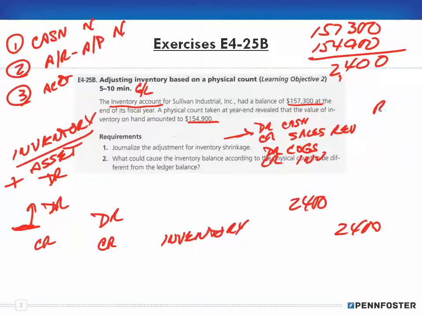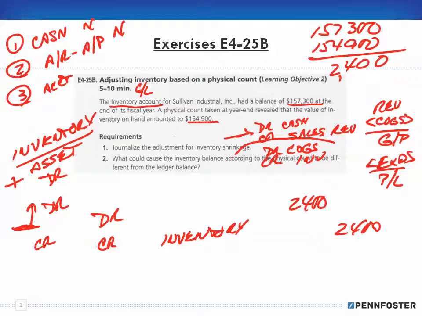Why? Because we have our revenue less our cost of goods sold, which gives us a gross profit, from which we take the remaining expenses in order to get our profit or loss. So that's what we do when we're taking something out of inventory, and we expense it to cost of goods sold.